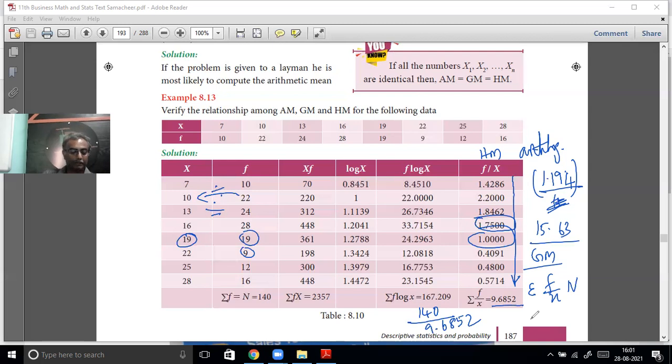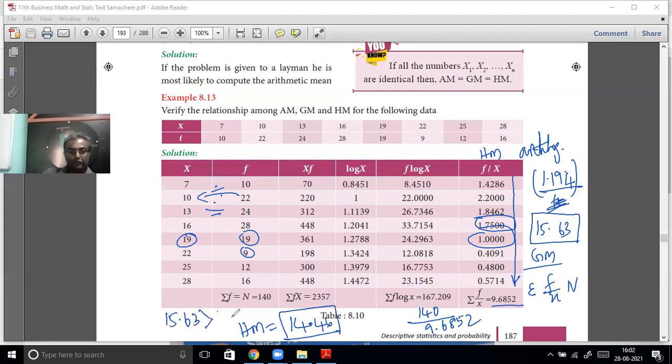You can also calculate. What are you getting? It is 14.46.